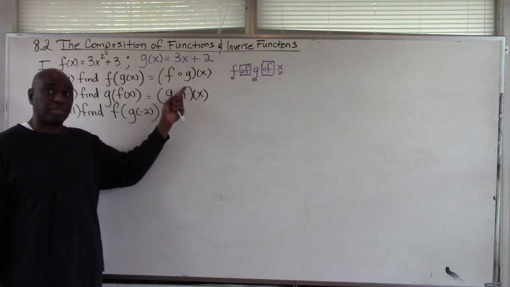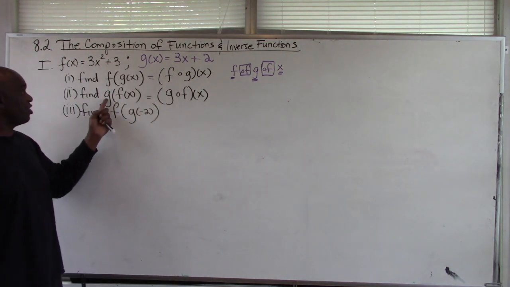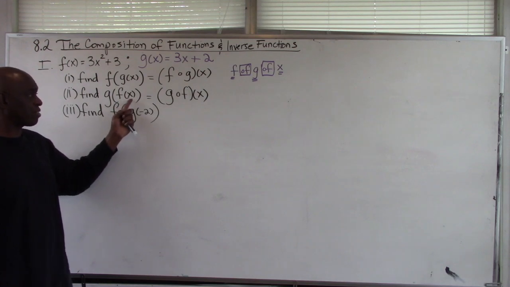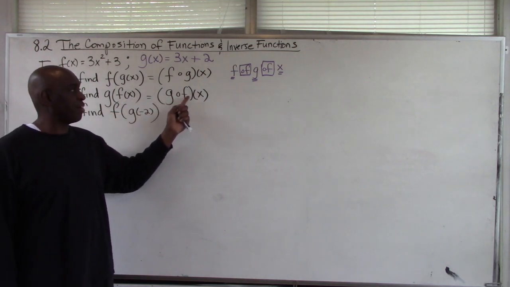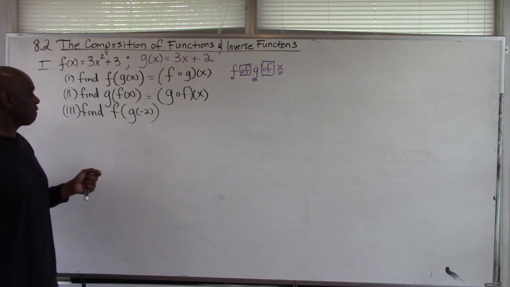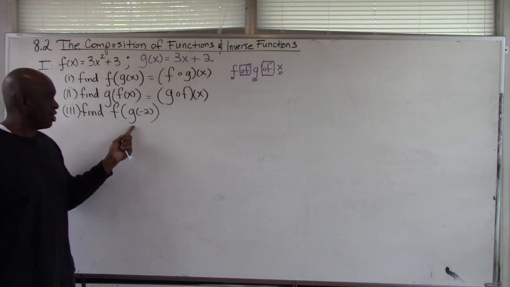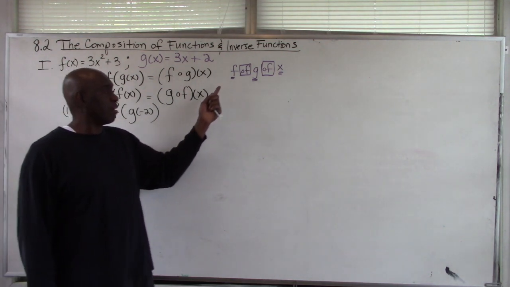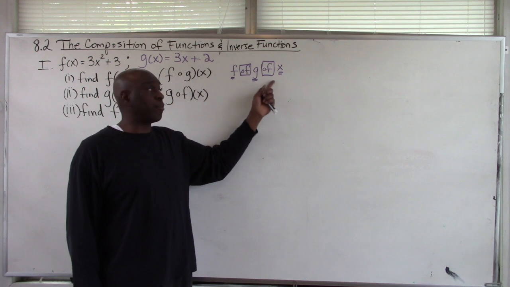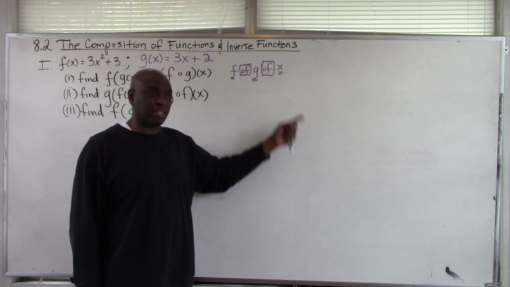That's the first one. The second one here is g of f of x. And this is f of g of -2. All right, so you have to put "of" in between each variable: f of g of x.